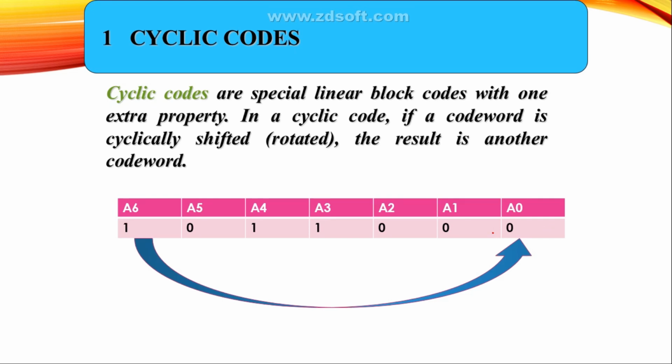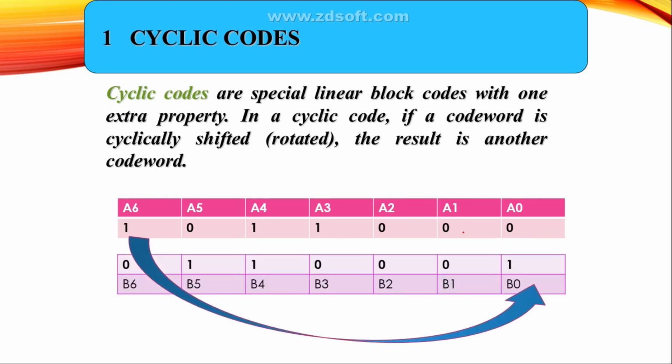On this figure, see that the value of A6, that is 1, is shifted to the position of A0. The new word created is denoted by B0. So B0 is equal to A6. Similarly, the value of A0 is shifted over here, that is B1.